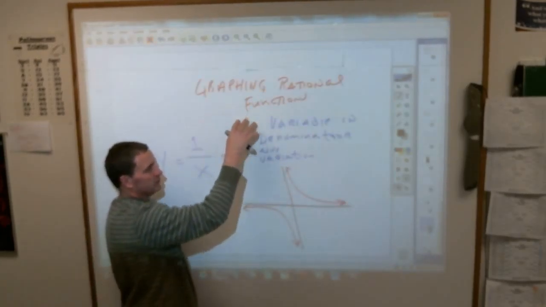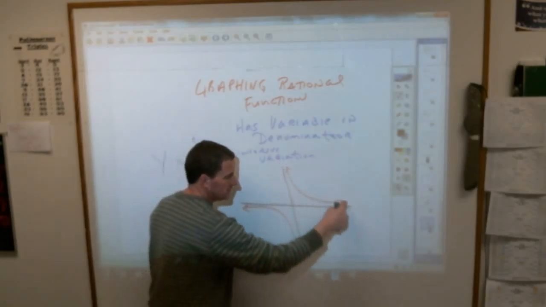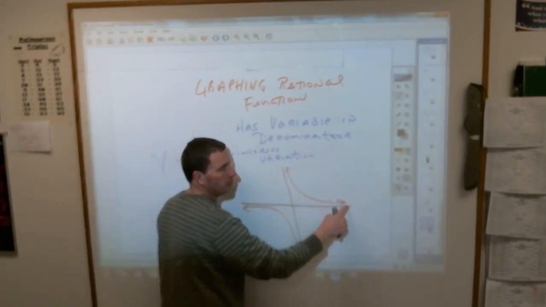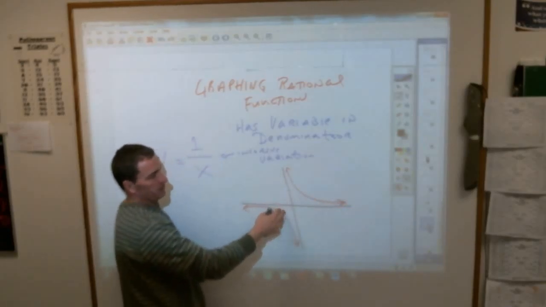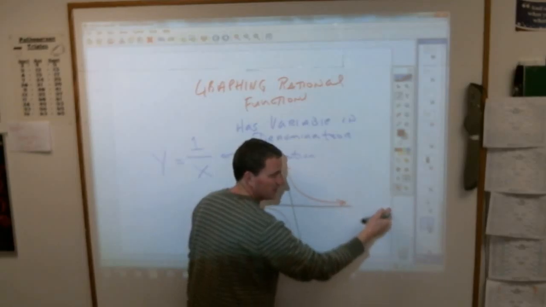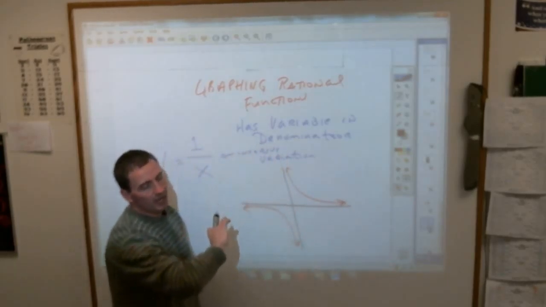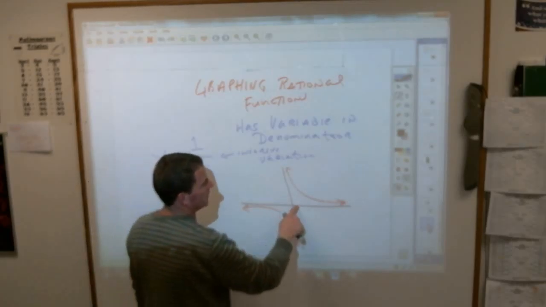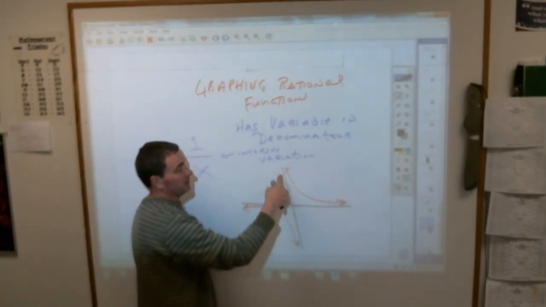When you graph these rational functions and you do these little swoopy things, they will always approach some line but never cross it. For example, this one approaches the x-axis. It will keep getting closer to it, but never, ever, no matter how big you make your graph, will it cross or touch that axis. Same thing with this.